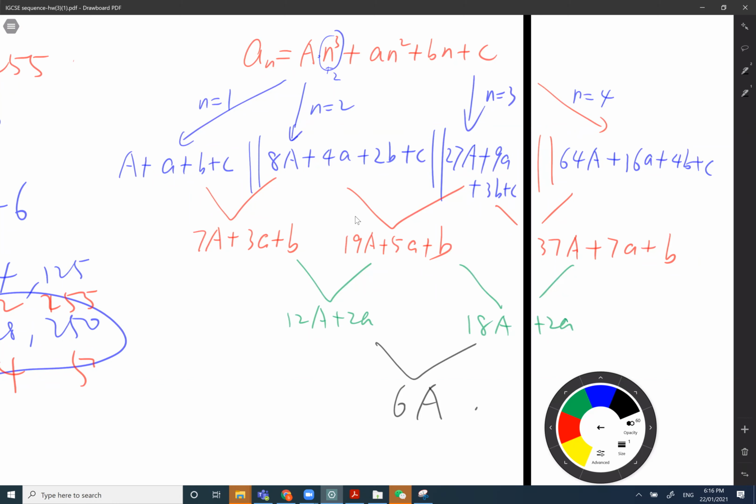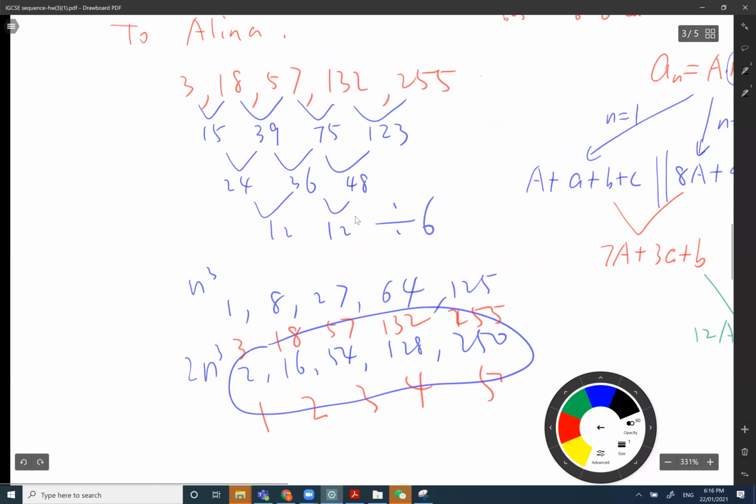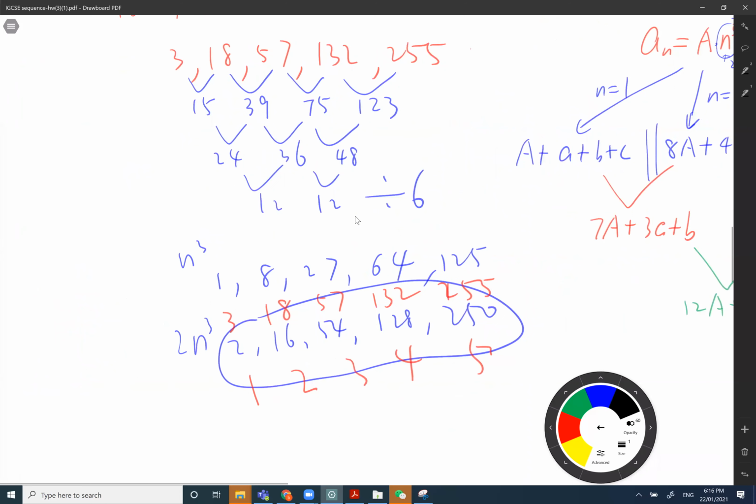Okay. That's how we find the secret. The other one? Oh, we just minus double, I mean, double the cubic sequence. You mean that one?